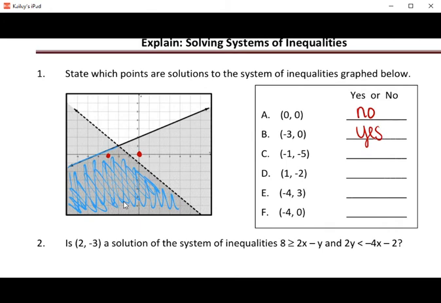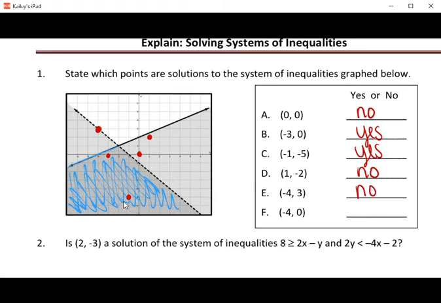So -1, -5 is going to be down here. Again, yes, that is part of the solution. 1, 2. So I'm looking to see, is it in the double shaded region? No. -4, 3. 1, 2, 3. That point goes right there. Again, not part of the solution.